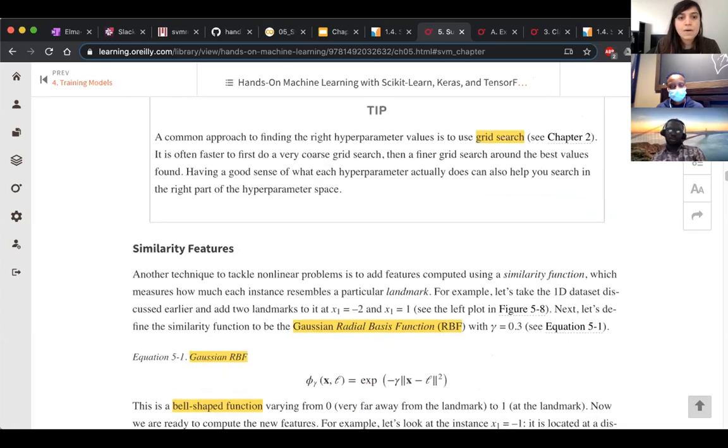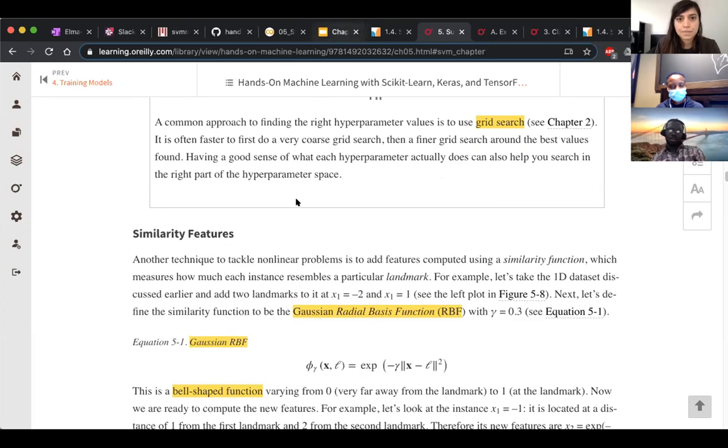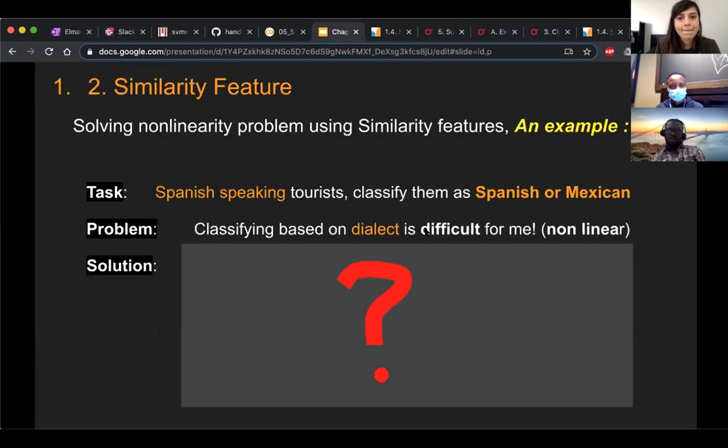So now to the similarity features. The way he described it, I found that it may not be intuitive, so I thought about an example of how to describe using similarity feature extraction to solve nonlinear classification problems.